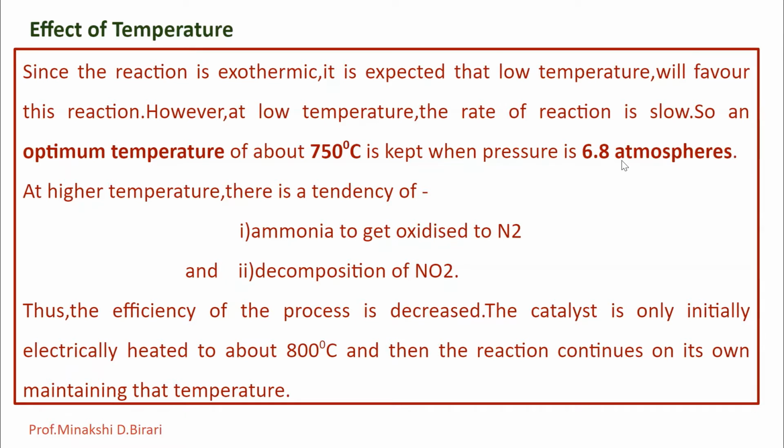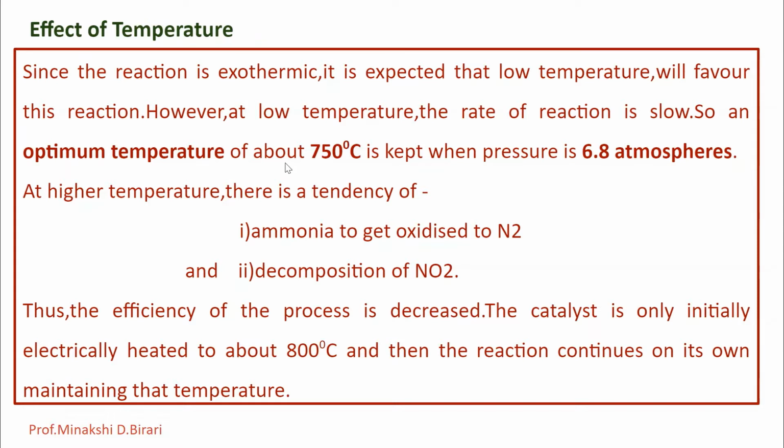Once reaction is started, the external heating is not required. At high temperature, N2 is formed, ammonia gets oxidized to N2 instead of forming the NO, and efficiency of the process also decreases. So we cannot use the higher temperature for the conversion of NH3 to NO.